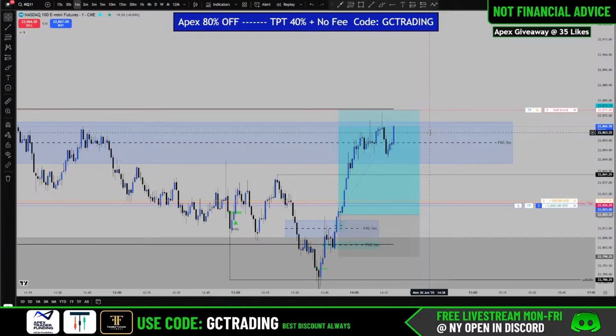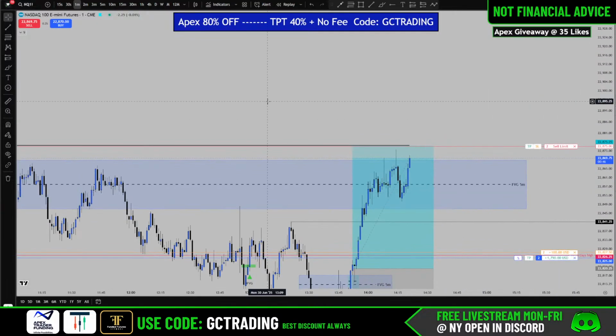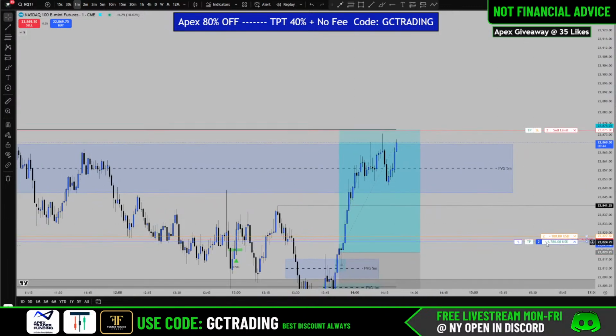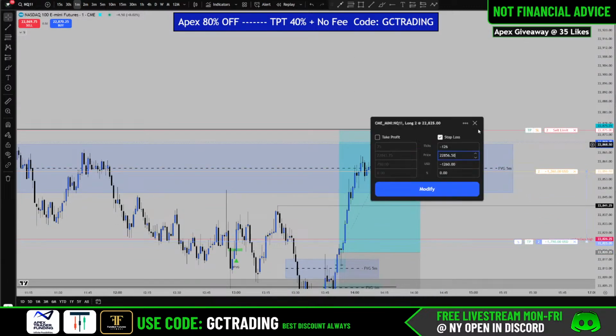I'll give it 1 minute. It's got 1 minute to do it. If we start rejecting again, then I'll just close it, because it does not want to close above this gap fill. Let's see. It's either doing it on this push or we're going out right there.